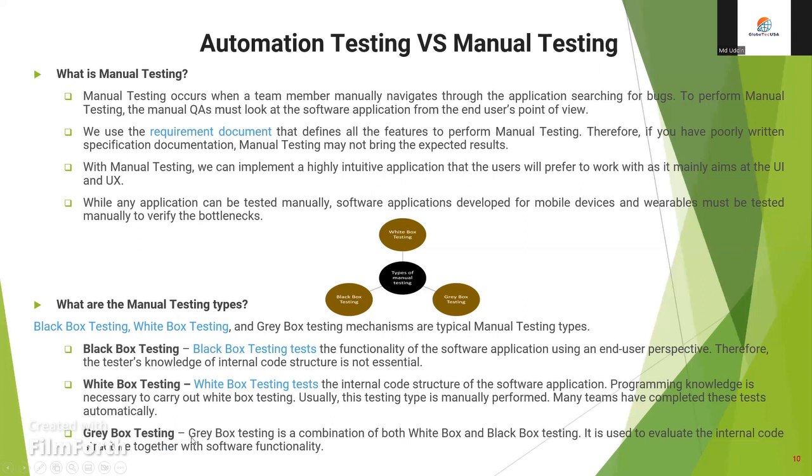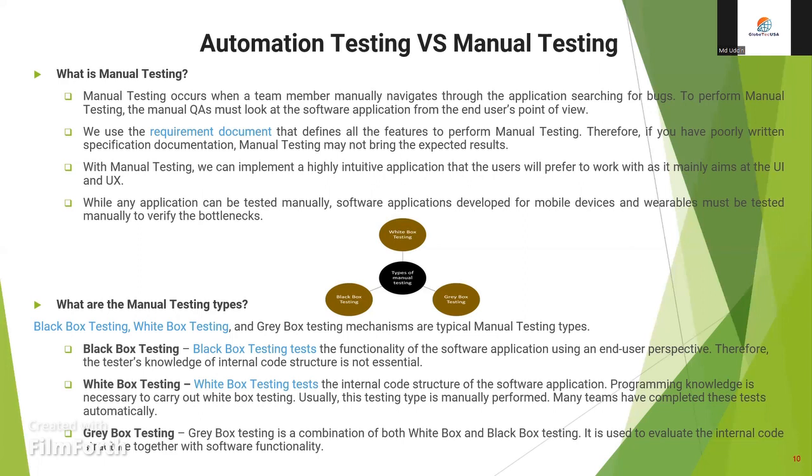And gray box testing is the combination of black box and white box together. It's called gray box or structural testing. You need to evaluate the internal code structure along with the functionality, to check whether the functionality matches the code or whether there is a code defect.